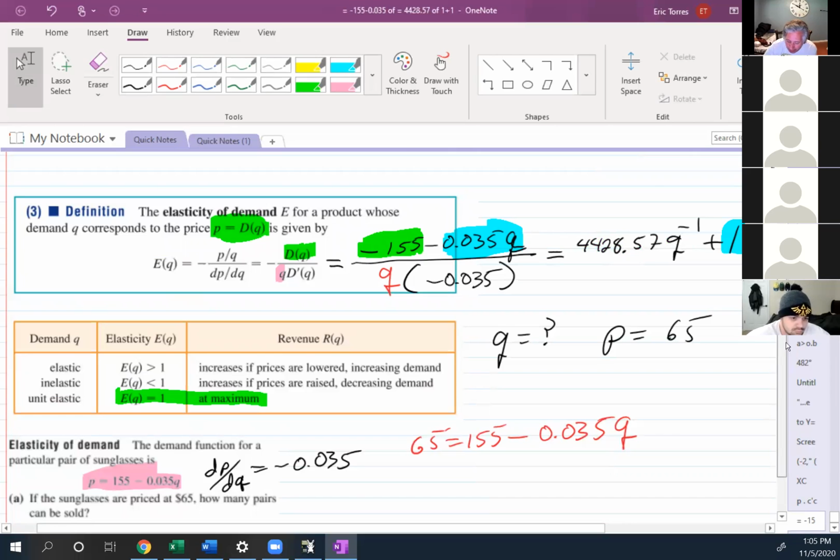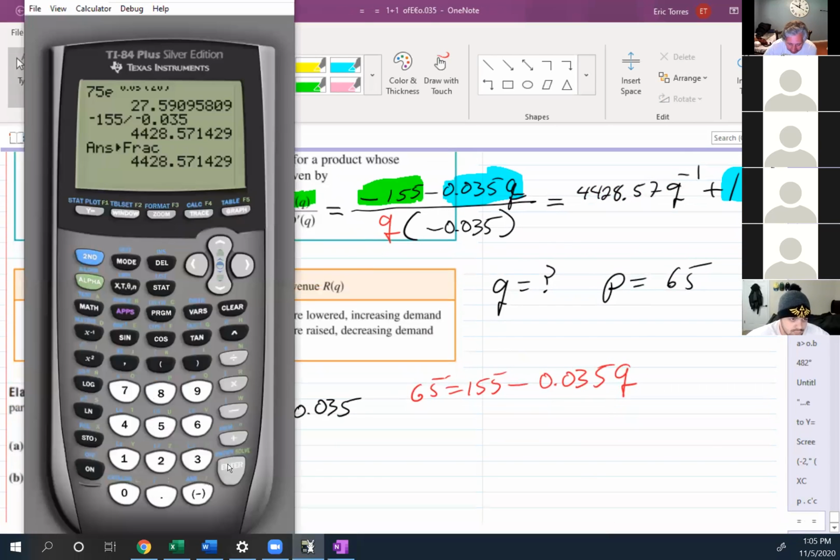Now I'm going to do this all in my calculator. I'm going to take that 65 and subtract the 155 from both sides. Now it's over there with the 65, and I'm going to divide both sides by negative 0.035 to solve for Q. And I get 2571.43 is my quantity.